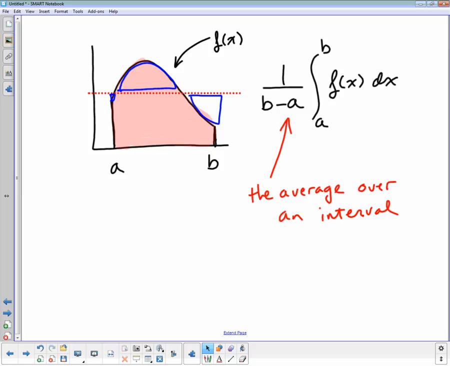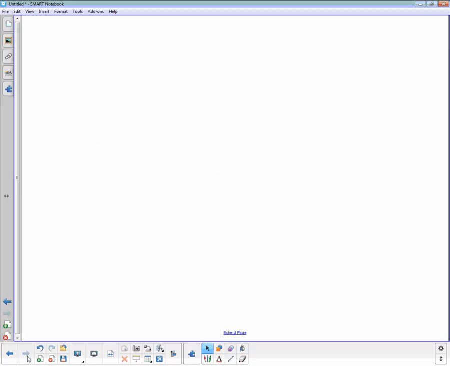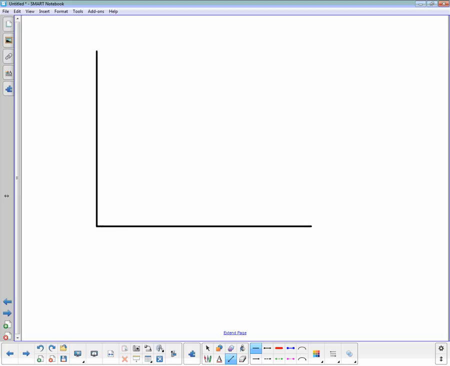So what we're doing here is we are finding an approximation for an area under a curve. Now, as we know, we have a left-hand sum, we have a right-hand sum.